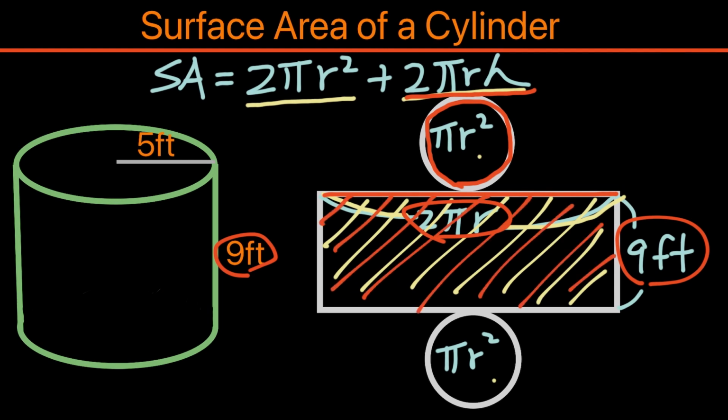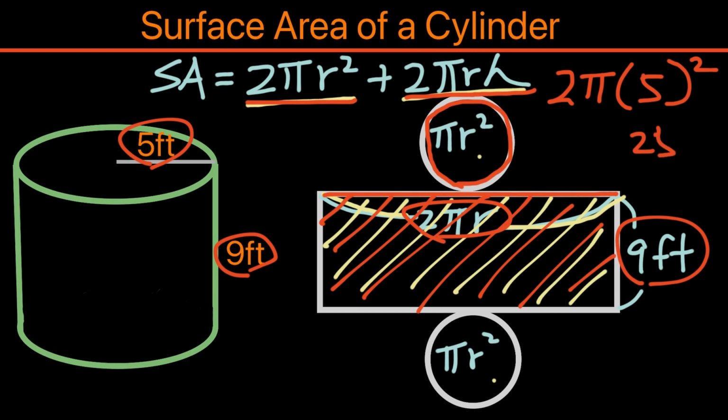So our first step is to find the 2 pi r squared. So it would be 2 times pi times r squared. R in this case is 5 feet, so we would take 5 and then square it. And 5 squared is 25.